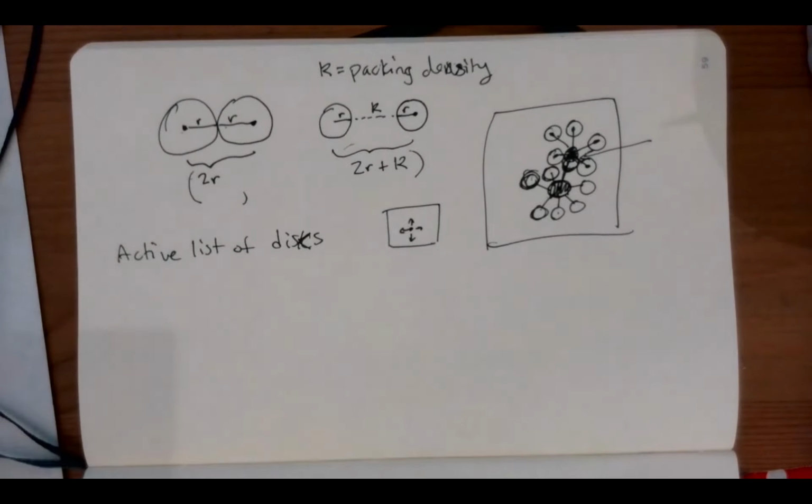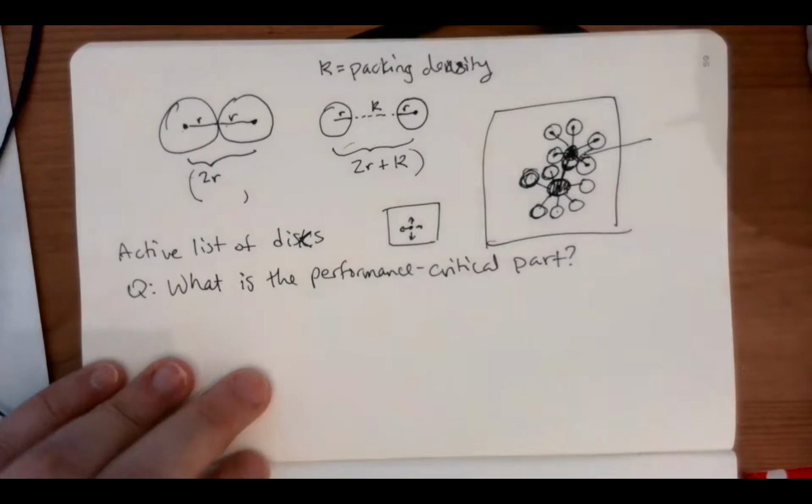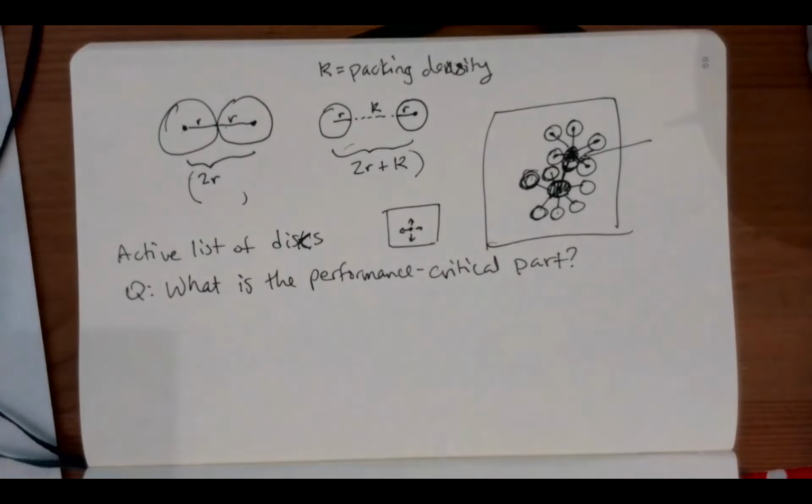So I want to take a second to ask you to think about what the performance critical part of this algorithm is. What's the part that's potentially going to take the most running time?